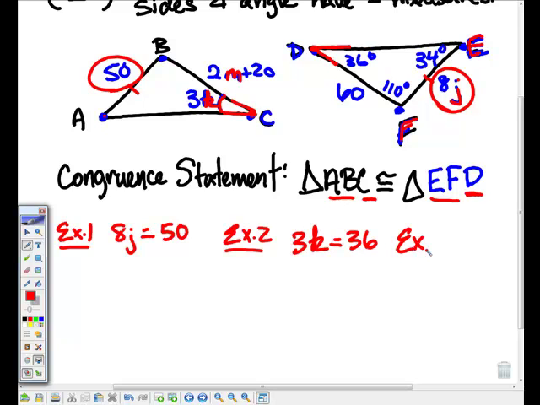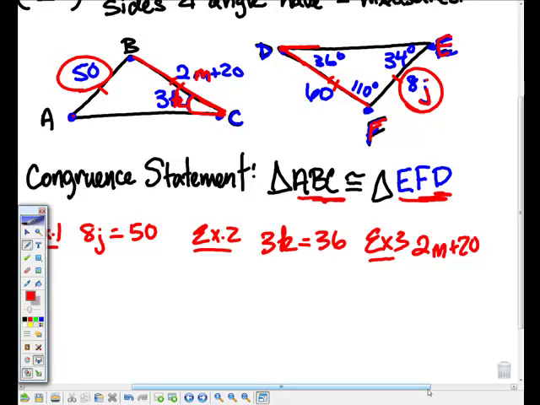And then we would have for the third one that the 2m is this side. That's side BC, and side BC has to match up with FD. So up here, side FD is 60. So we have the equation that 2m plus 20 has to equal 60.